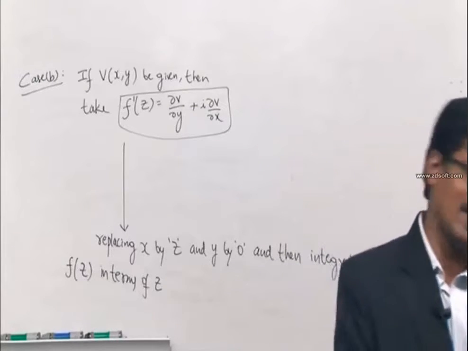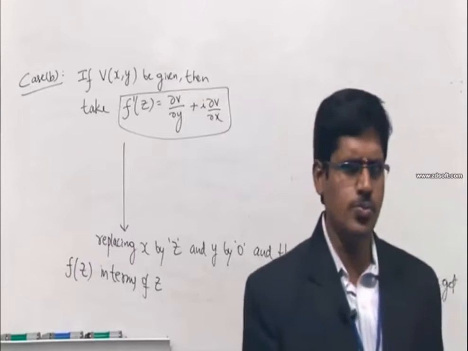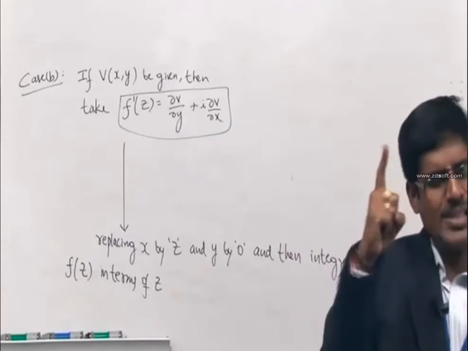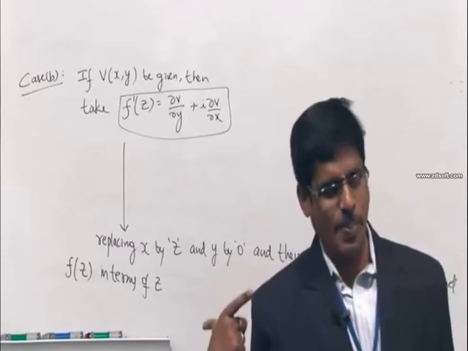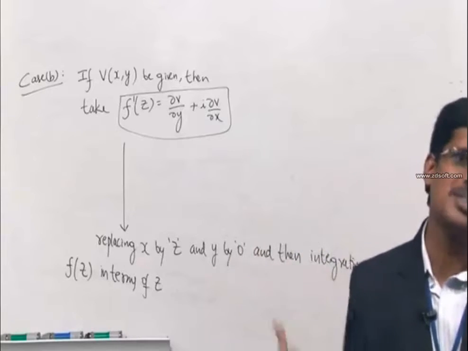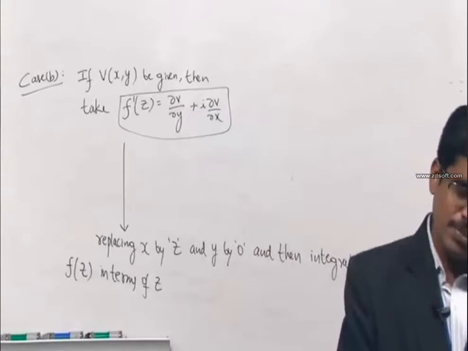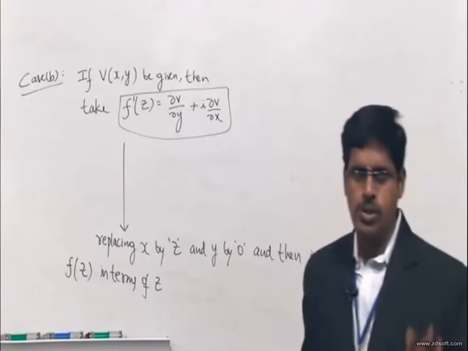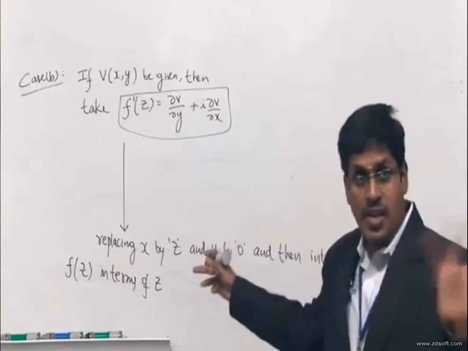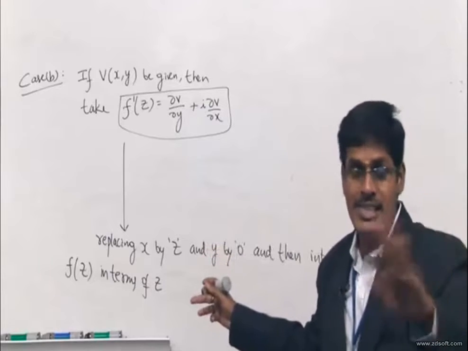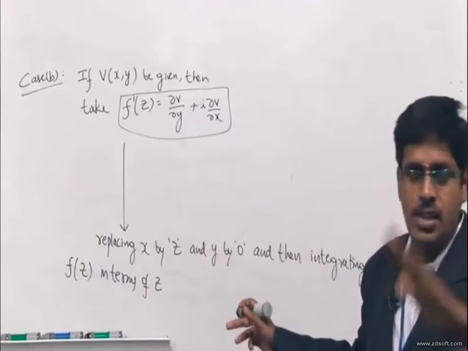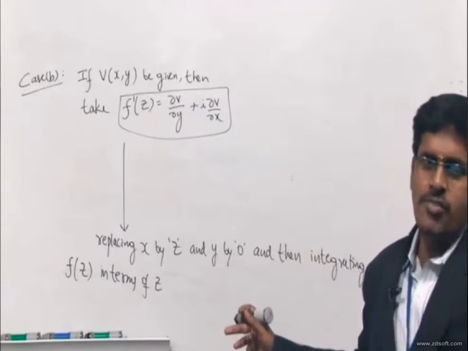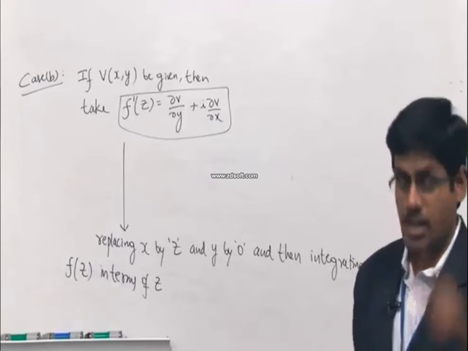Simplify, separate real and imaginary parts. The real part is u. If your u, that is the given x square, coincides with the real part after separating, then only your f of z is correct, otherwise it is wrong. From the given u and from this f of z, after separating into x and y terms, taking z equal to x plus iy, if the obtained u coincides with the given u, then only your f of z is correct, otherwise it is your mistake.